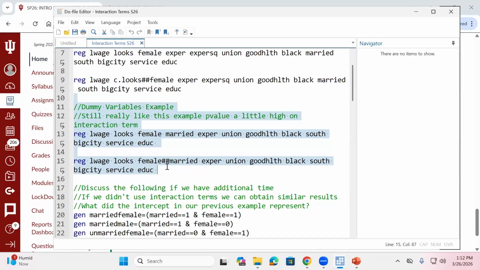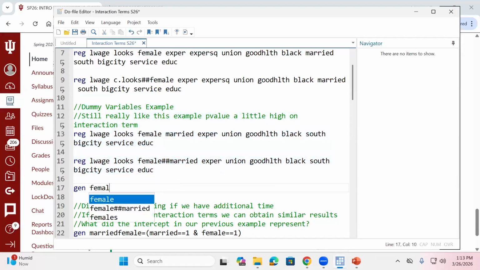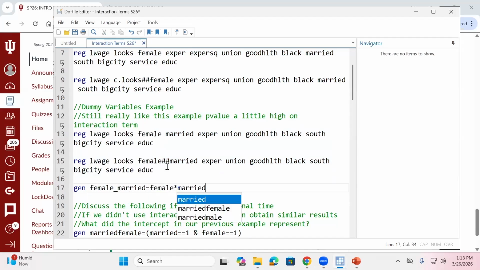Just like when I did this with the same variable, it included the linear term and the square term. This will include female, married, and the interaction. Now, if it's easier for you to think about, you can create that interaction term yourself by doing something like this, all right?